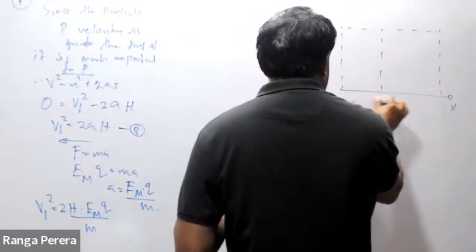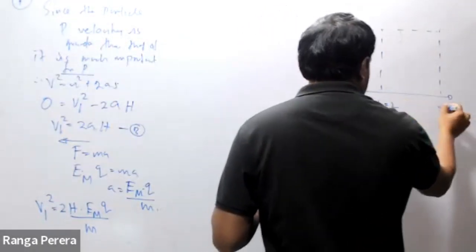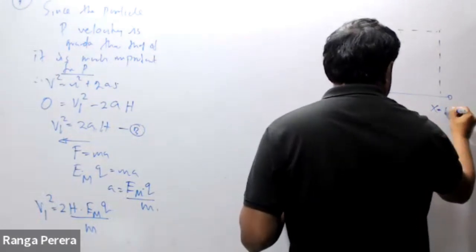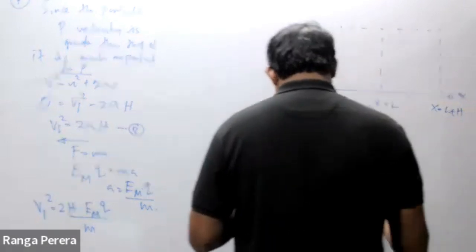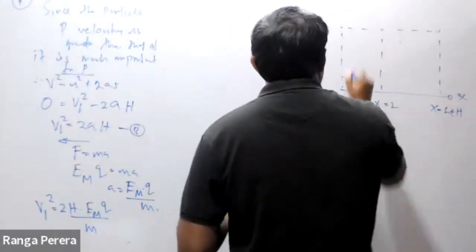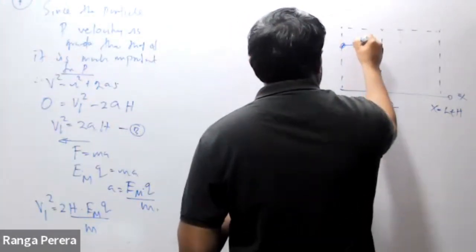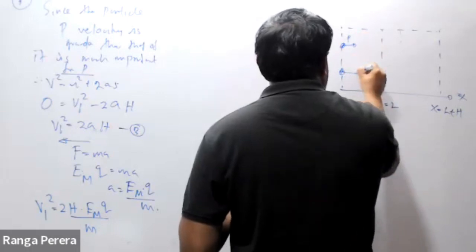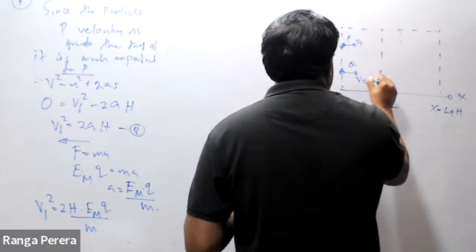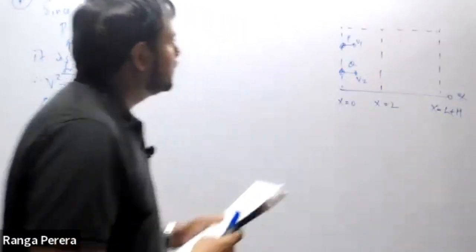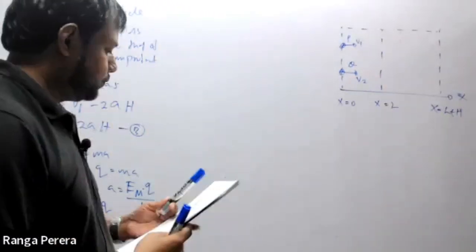X equals 0, X equals L, X equals L plus H. This is P and this is Q. V1, V2.